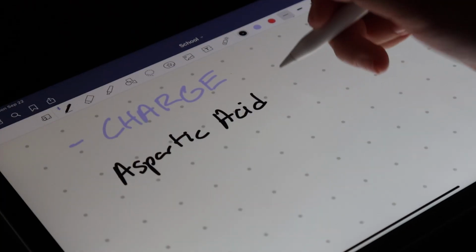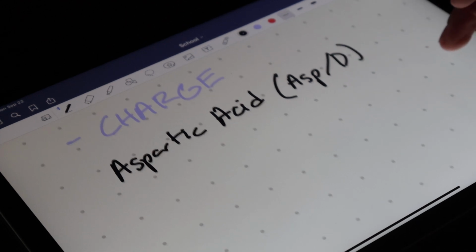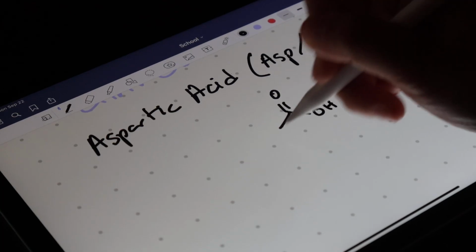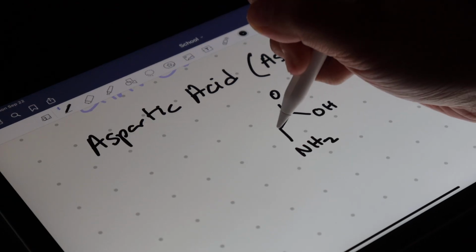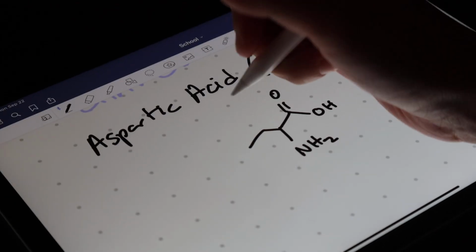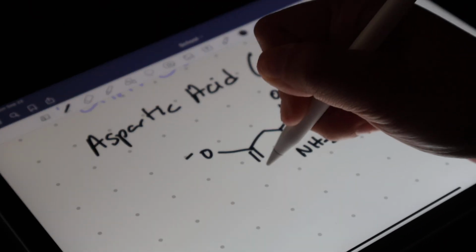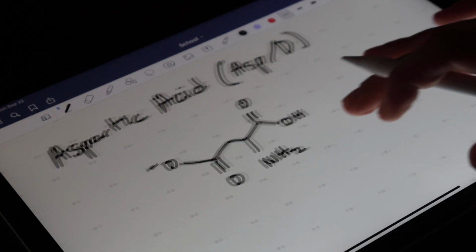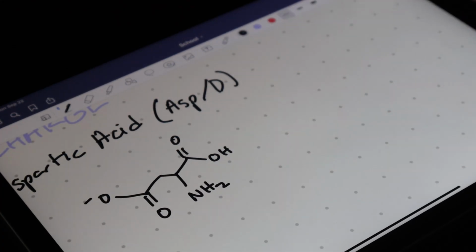Our first one is aspartic acid, ASP or D. And this one we'll have 1, 2 carbons, and this last carbon is connected to another carboxyl, or deprotonated carboxyl. So, pretty much mirroring each other, really.